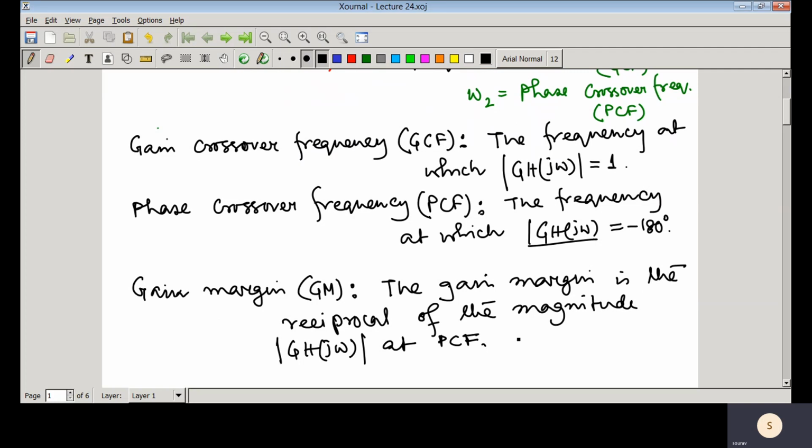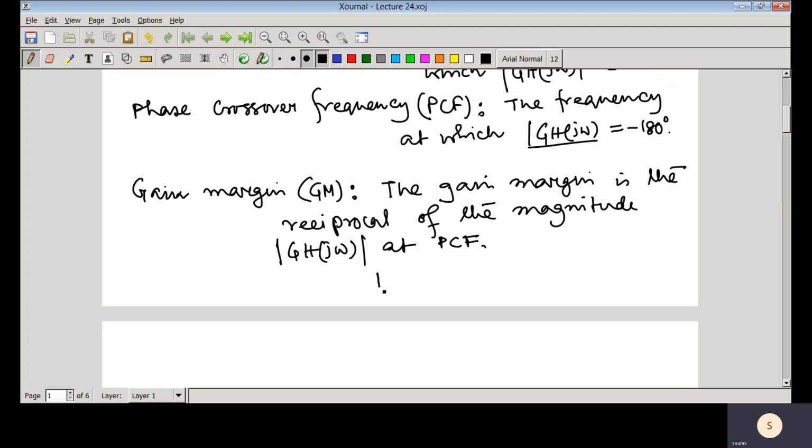So this is written as Kg. So Kg is that reciprocal of this one, and this one would be at phase crossover frequency here. That means that gain calculated at phase crossover frequency, if we take that reciprocal of that, it gives you that gain margin.